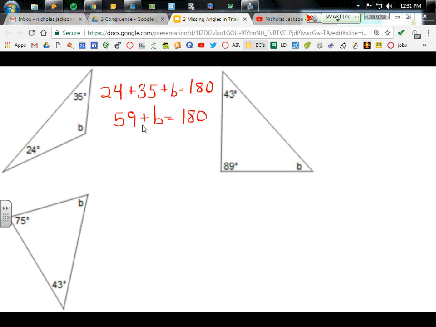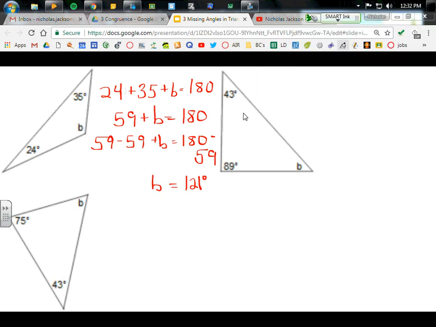All right, next, we will subtract 59 from both sides of our equation because we want to find out what B is all by itself. And we get that B equals 121 degrees. Okay?